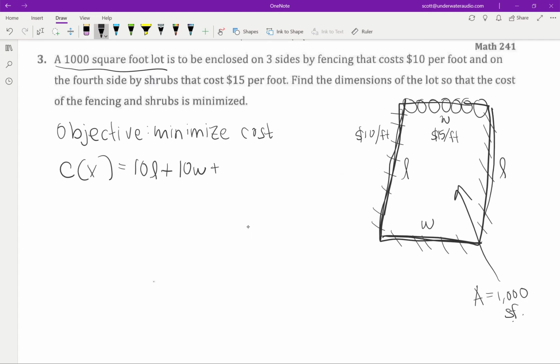This side is also fencing, 10L. And then the last side is shrubs, that's $15, and it's W feet. So I can simplify that a bit to 20L plus 25W.